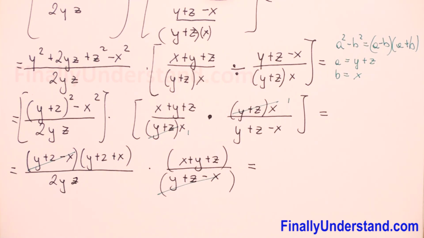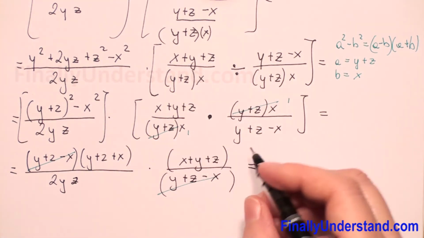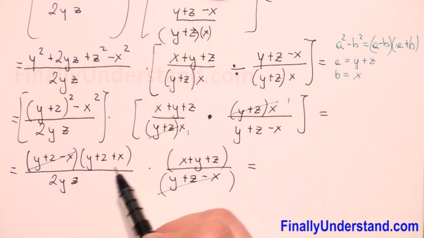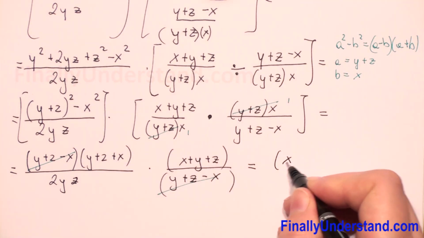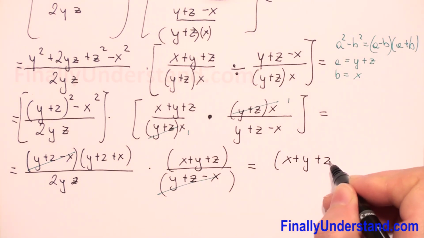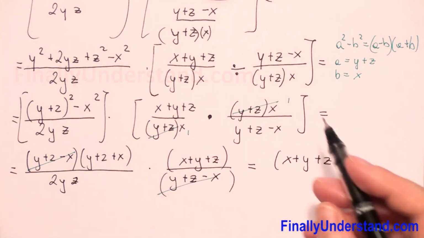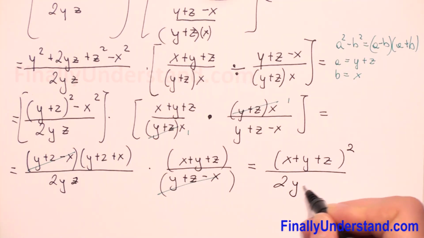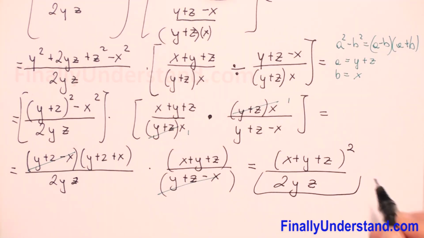And what we have now? We have x, y, z. We can put in alphabetic order. x plus y plus z times x plus y plus z, so it will be to second power over 2yz. This is my solution.